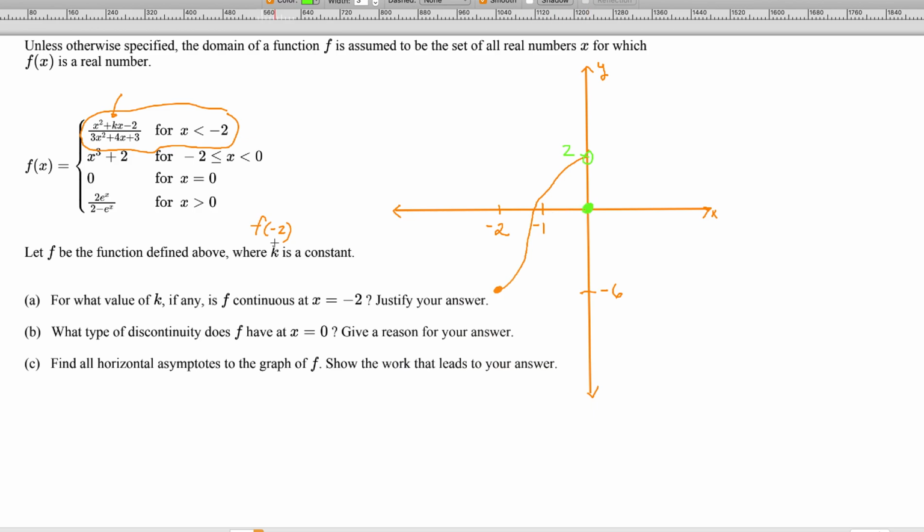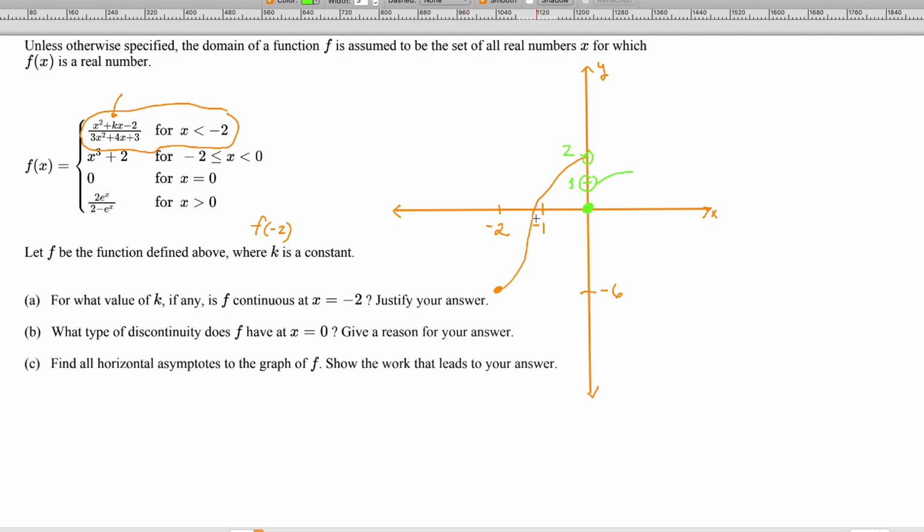And then if I do 0 here, I'd get 1, so it would start off at 1 over here, and this would be a hollow dot. And then it would do whatever this looks like. I'm not sure exactly what it looks like, but we'll find out.